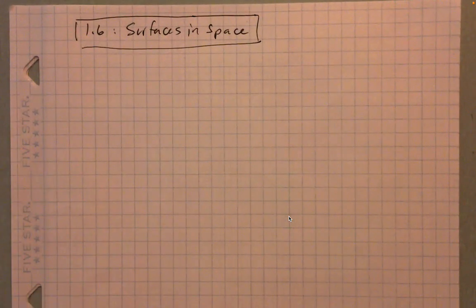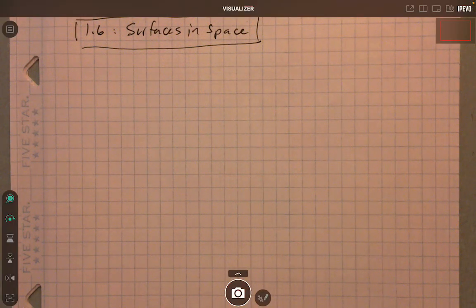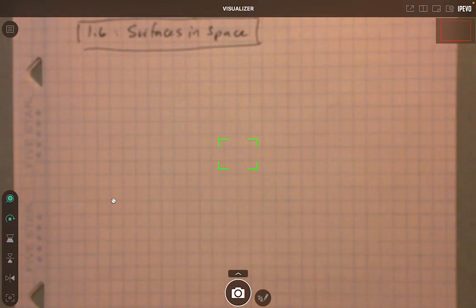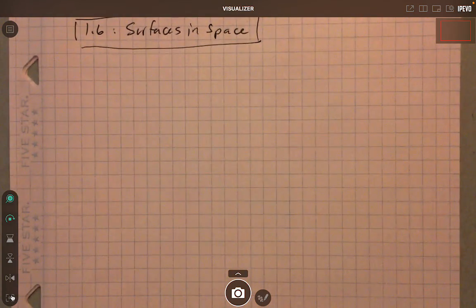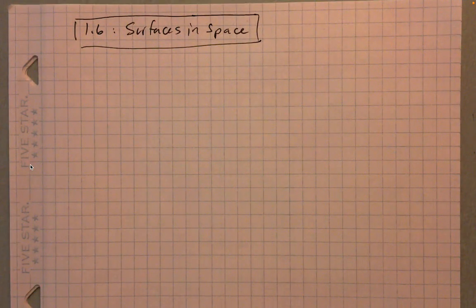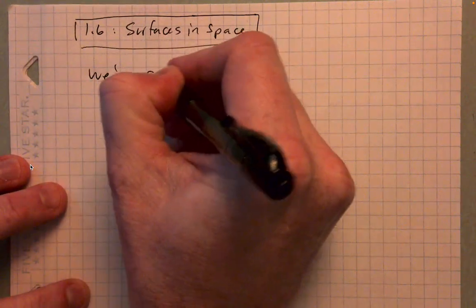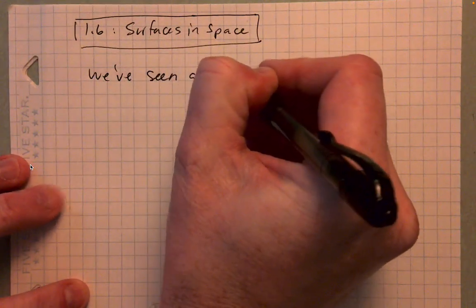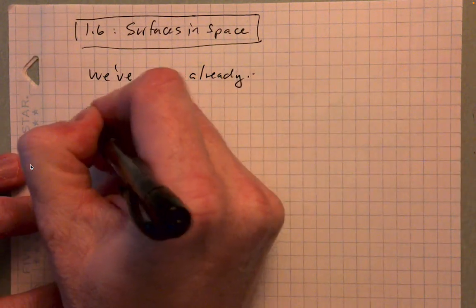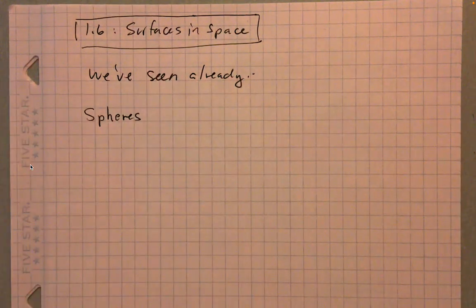We'll call this section 1.6, surfaces in space. Up to this point, we have seen some surfaces in space, right? So we've seen spheres. Basically, take a circle in 2D space and rotate it, and you get a sphere.